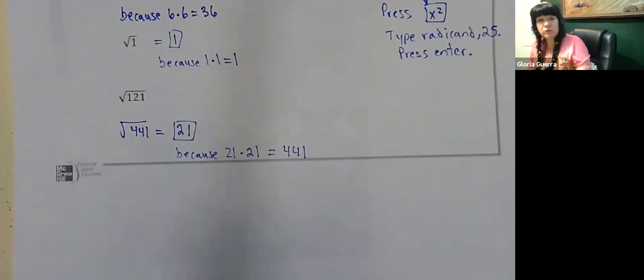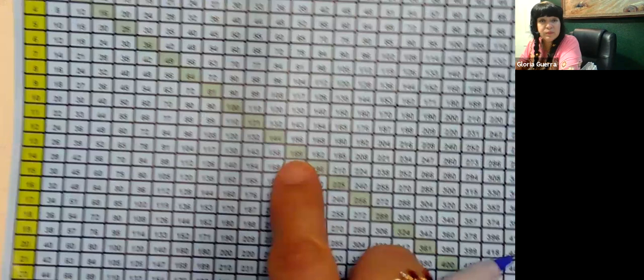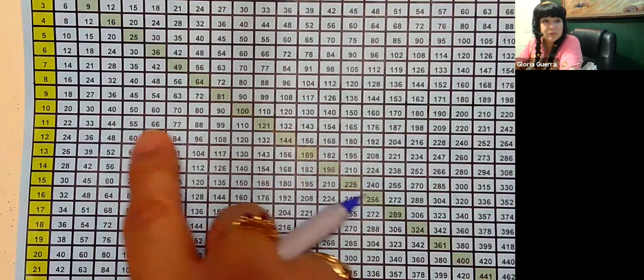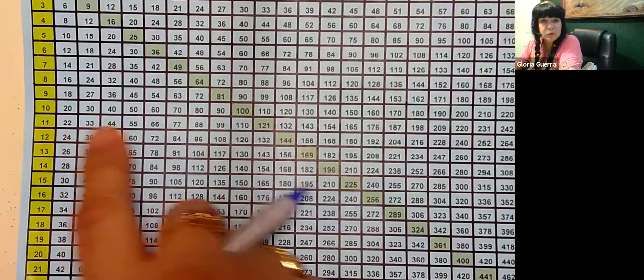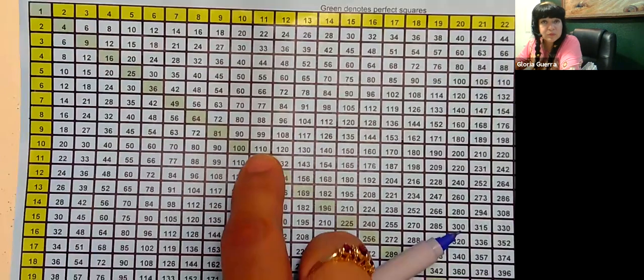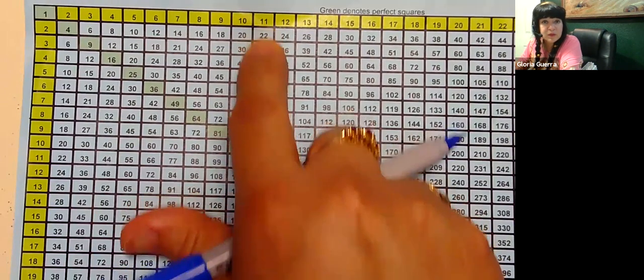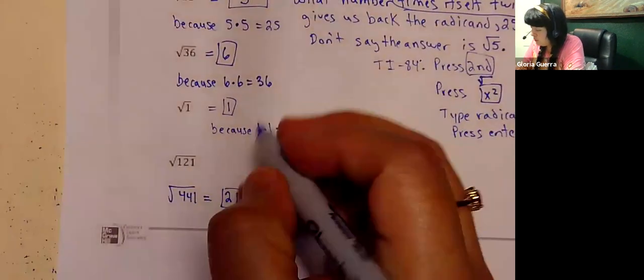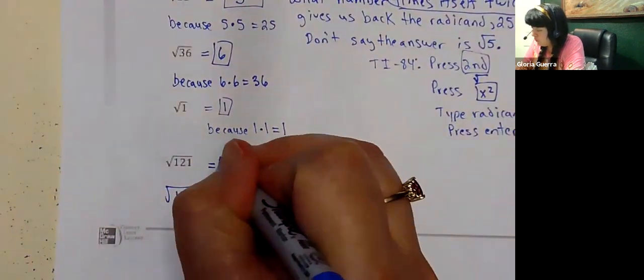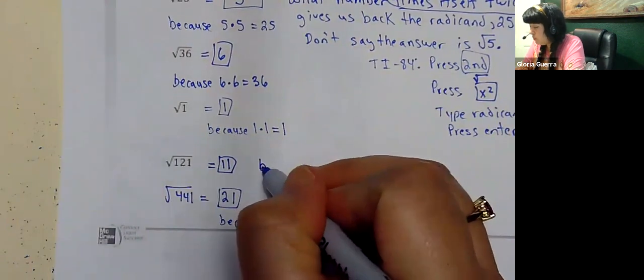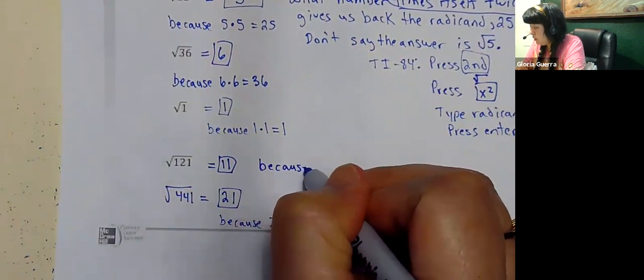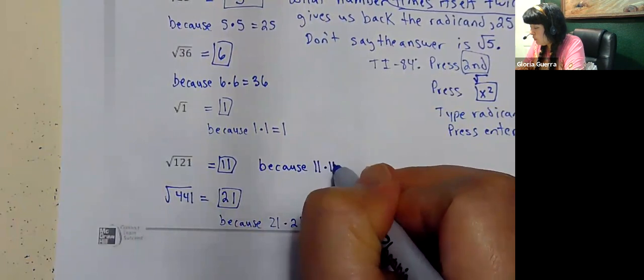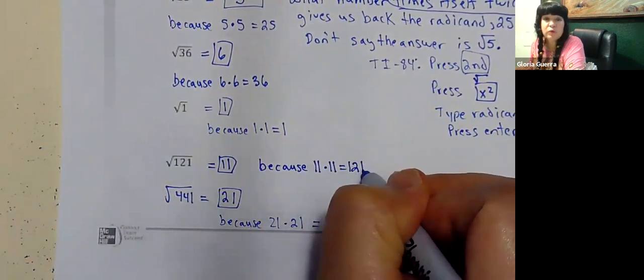Okay, so I can also use my little chart here. Square root of 121 is right here. So I go across, that's 11. Even if I go upwards here, that's 11. So the square root of 121 is 11, because 11 times 11 is 121.